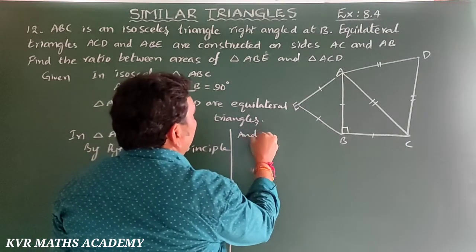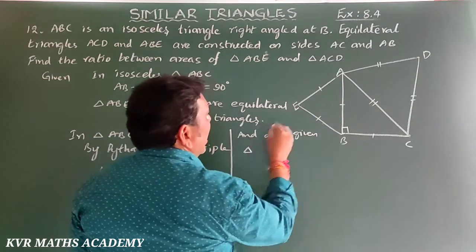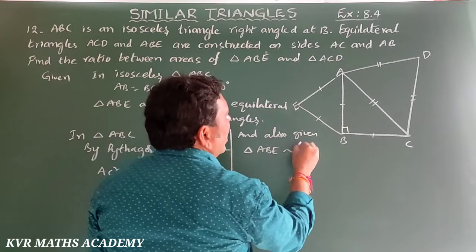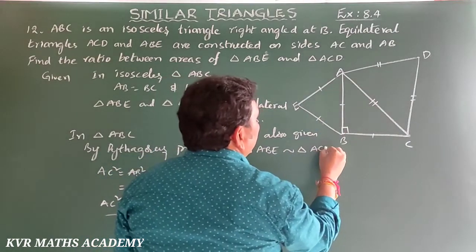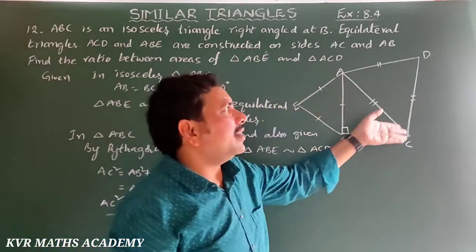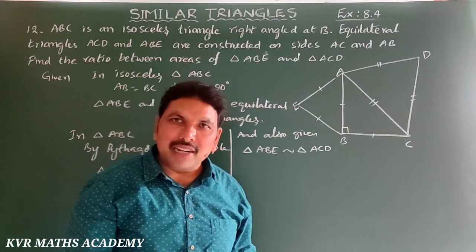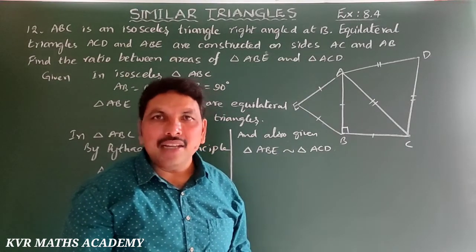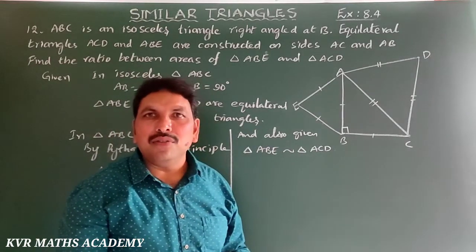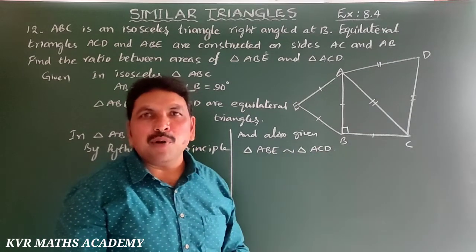And also given, triangle ABE is similar to triangle ACD. In two similar triangles, the corresponding sides are in the same ratio. The ratio of the areas of two similar triangles is equal to the ratio of the squares of any two corresponding sides.